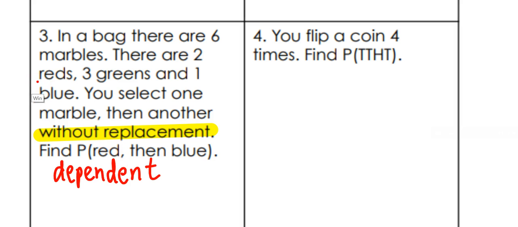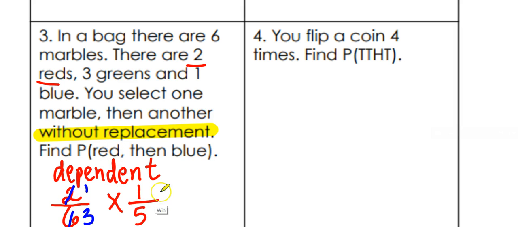First we're going to look at how many reds. We have 2 reds. That's our first event. And we have 6 marbles. We can go ahead and simplify that to 1/3. Then we're going to multiply that by the second event. For the blue, I still have 1 blue. But now instead of 6 marbles, I only have 5, because I took 1 out for the red.